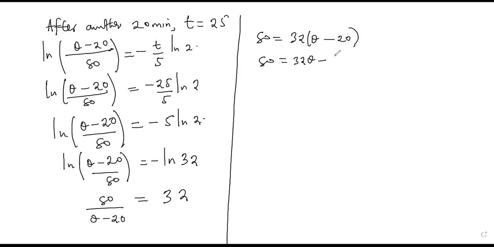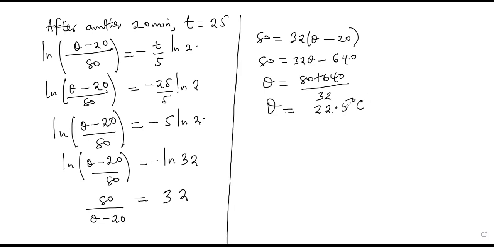It is 640. So when this one comes this side, our theta is going to be (80 plus 640) out of 32. So what is the value of theta? 22.5.